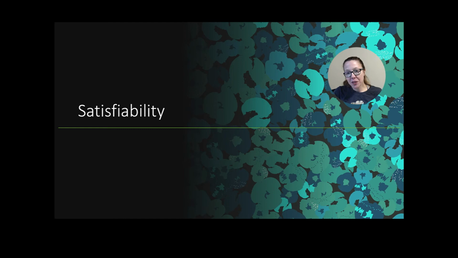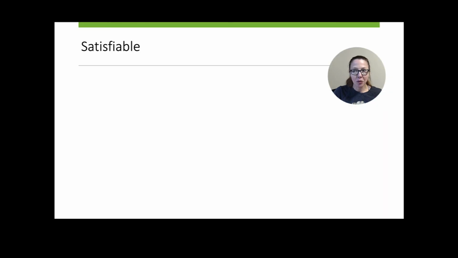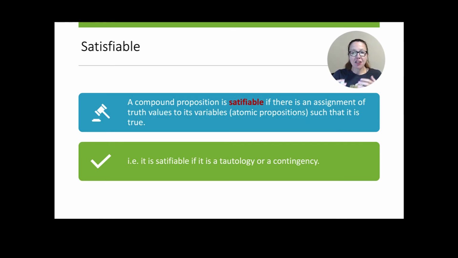So all of this brings us to the concept called satisfiability. What is satisfiability? Well, when we consider compound propositions, something is satisfiable if there's a way that we can satisfy the proposition. What that means is there's an assignment of truth values to its variables, its atomic propositions, such that it is true. There's some way that we can make those propositions true.